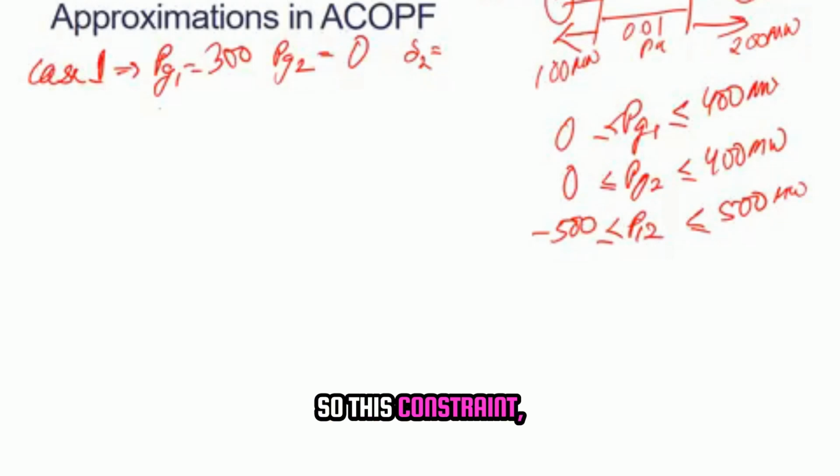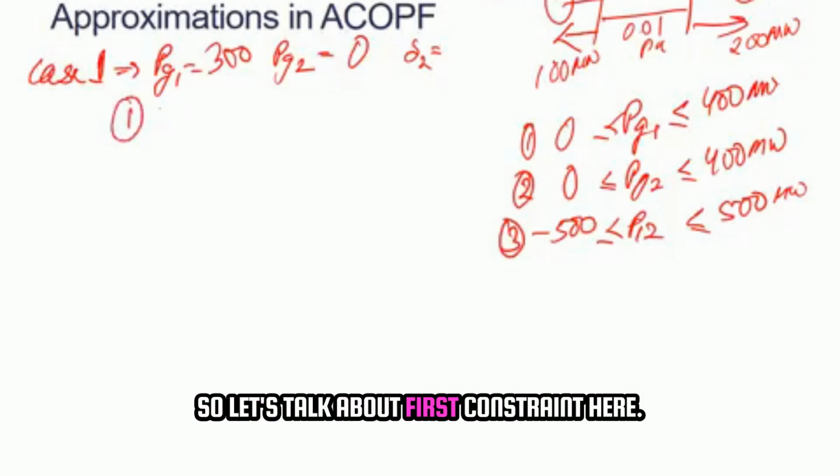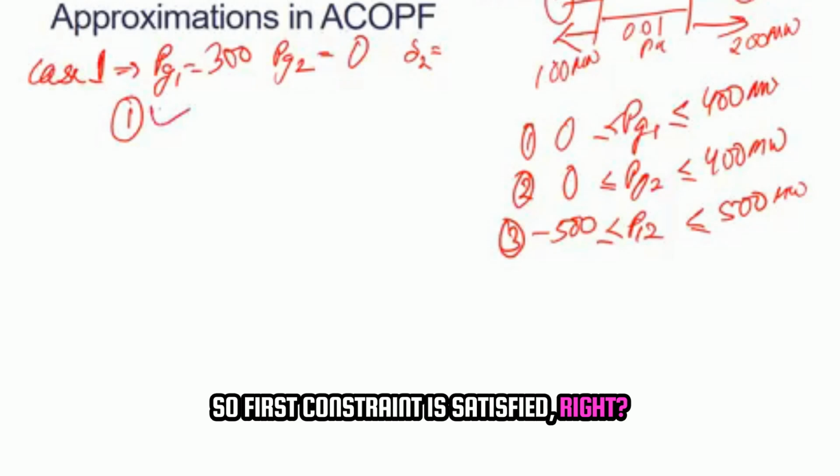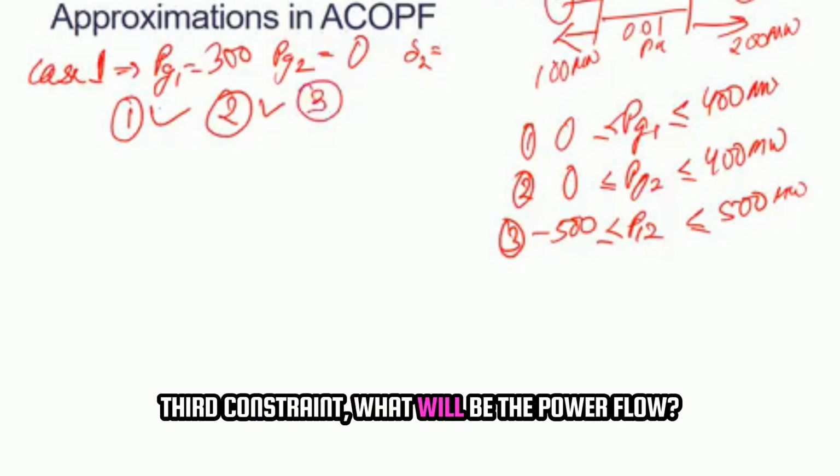Let me call these 1, 2 and 3. First constraint is satisfied. Second constraint is also satisfied. Third constraint, what will be the power flow?